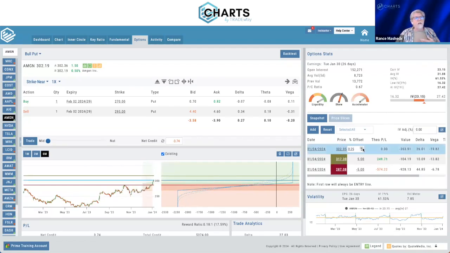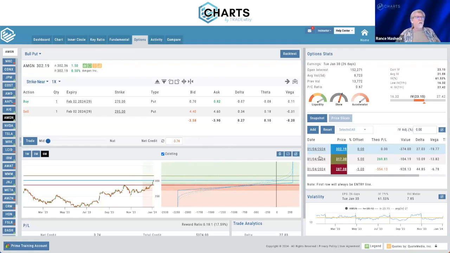Once I've done that, the subsequent lines, in this case I've got 2 but you can add more, will calculate your anticipated profit or loss off of whatever that blue line entry point is. By default, it's the trade as it is right now. However, if you move that, it would calculate that as the entry point.